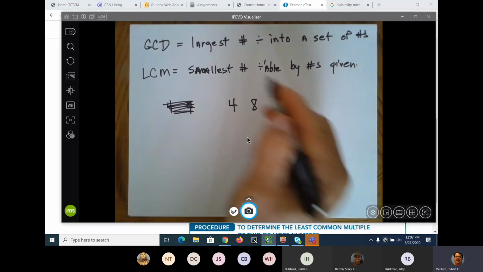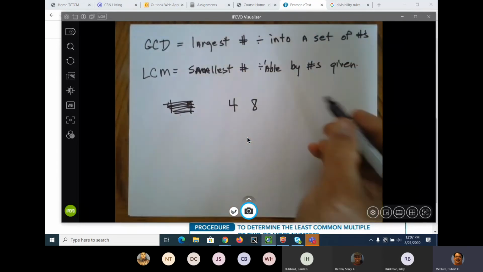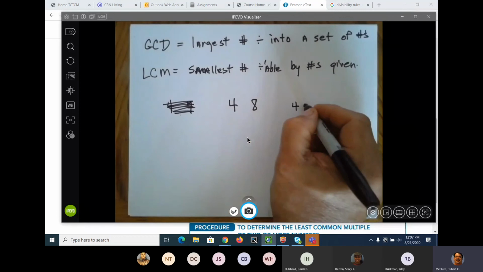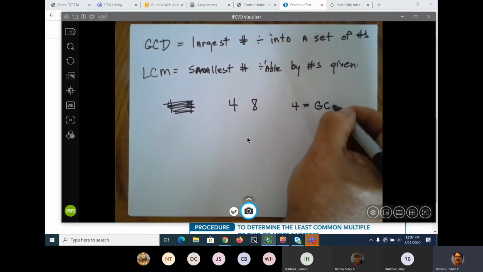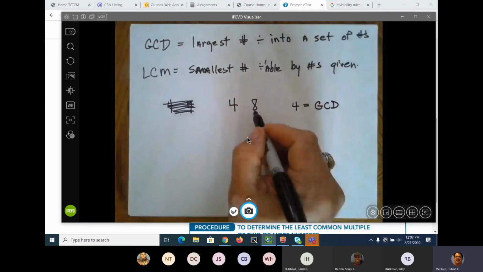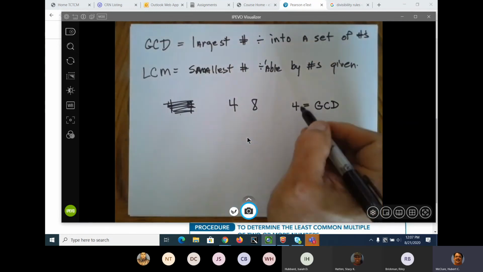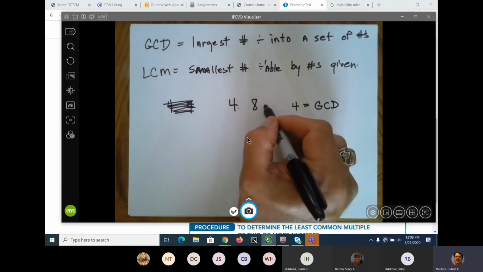Okay? The largest number that will divide into 4 and 8 is 4. So 4 equals the greatest common divisor. 4 will go into 4 one time. 4 will go into 8 two times. So 4 is the biggest number that will divide into 4 and 8.